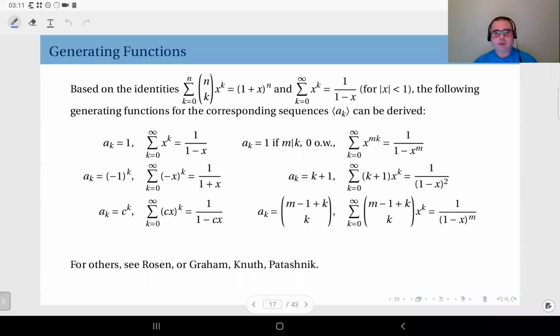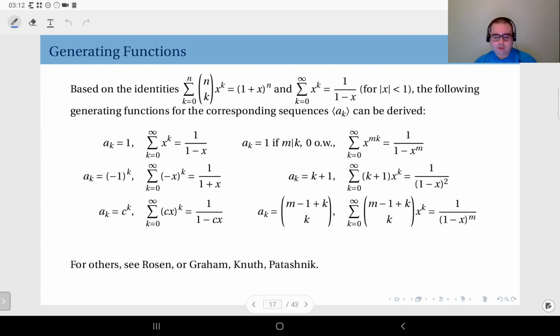Okay, that was how we use generating functions to solve such combinatorial problems. And at this point, we are going to look at some elementary identities that are useful when we deal with generating functions. And we have two identities here that we base these results on.